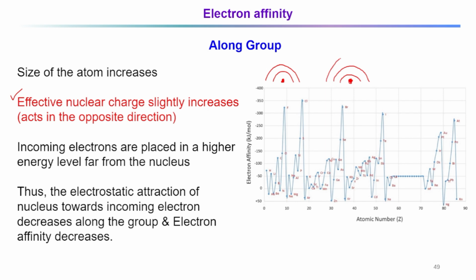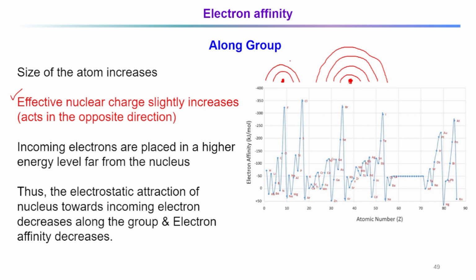I am drawing a half circle; this should actually be a full circle, but my circles are not good. Anyway, try to understand. We have this element which has only two shells, and as we go along the group, the next atom has three shells, the next atom has four shells.